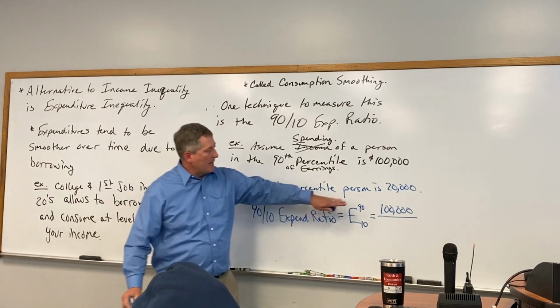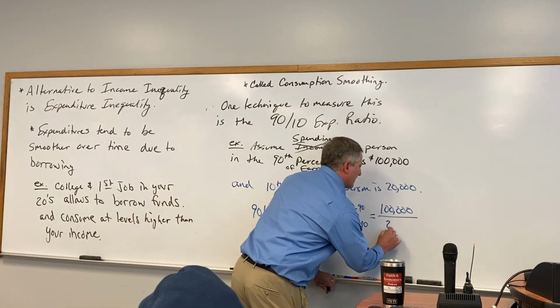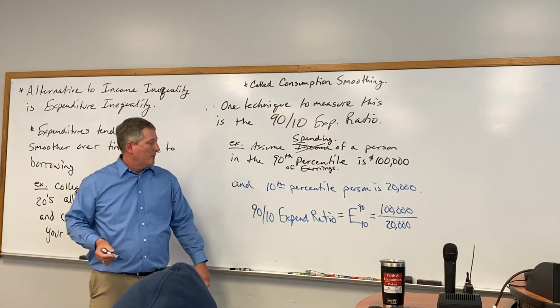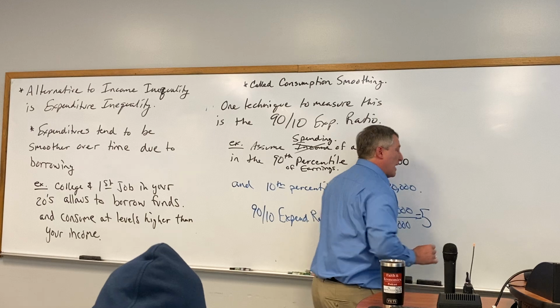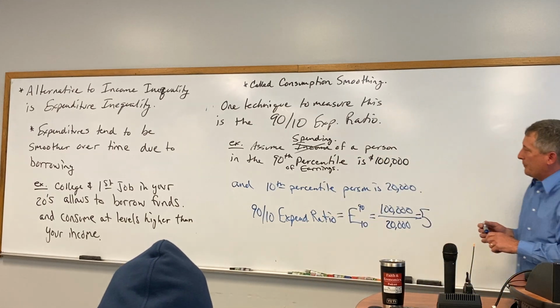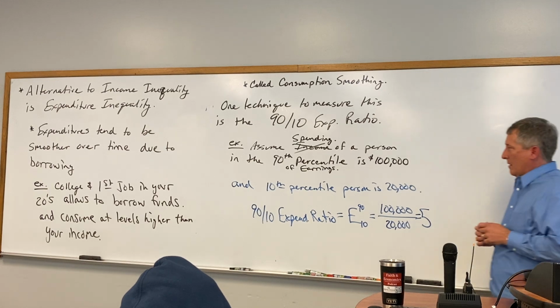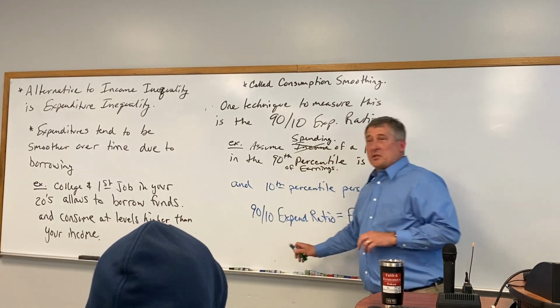The spending of the 90th percentile person divided by the spending of the 10th percentile person. And that ends up being 5 using my numbers. Okay, any questions on the setup so far?